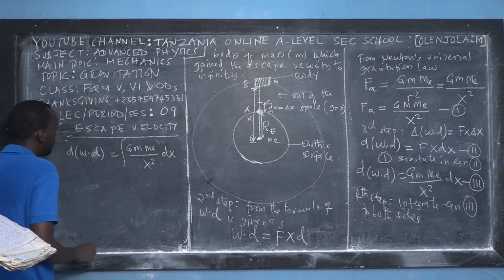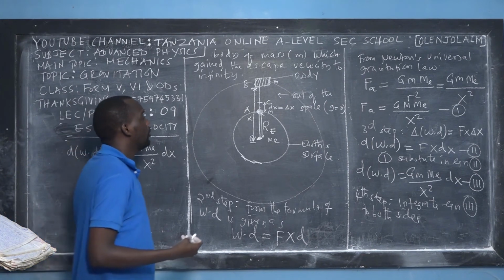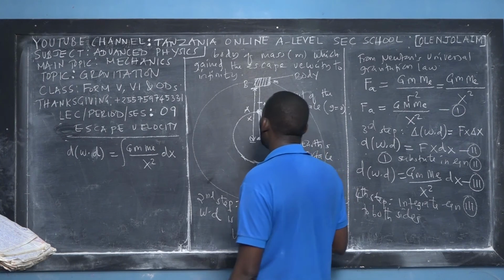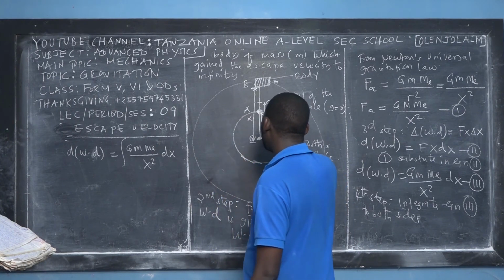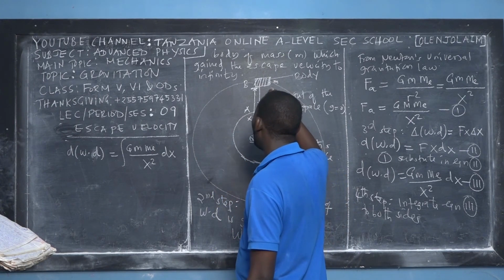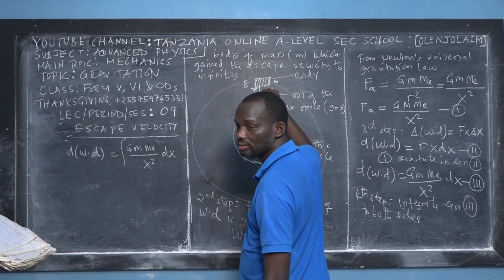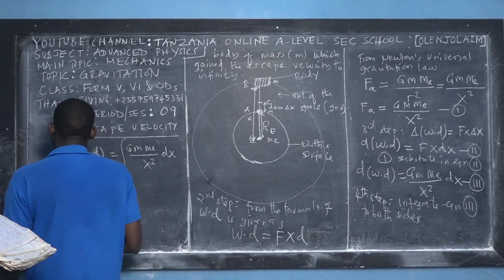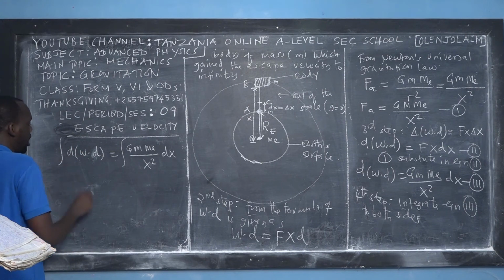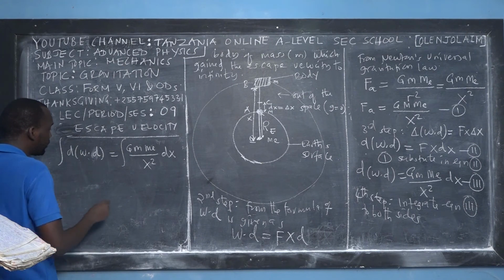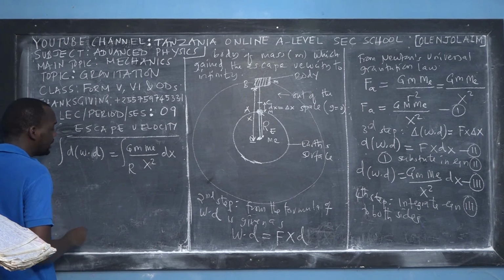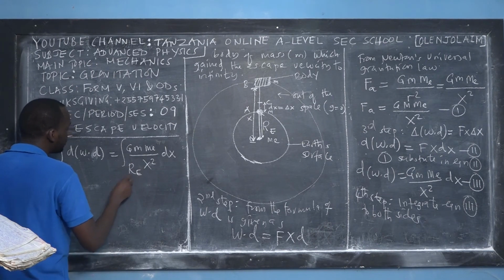Now remember that we are looking for the work done required to remove a body from the Earth's surface to outside the Earth's surface. That's what we are dealing with. So we integrate from the radius of the Earth, which is RE, to infinity.